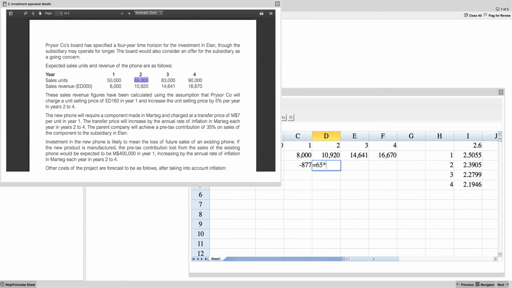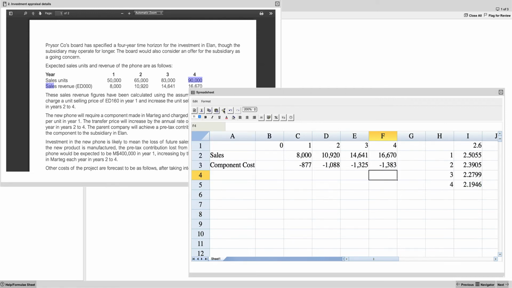So 65 times 7 times the exchange rate then, and remember one of them is a negative to show it as a cost. 83,000 components at a cost of 7 of our dollars, but the exchange rate now is that. Make it a negative to show it's a cost. Done. And then finally the same thing, 90,000 times $7, exchange rate then predicted is that. Make it a negative to show it's a cost. And we are on our way.